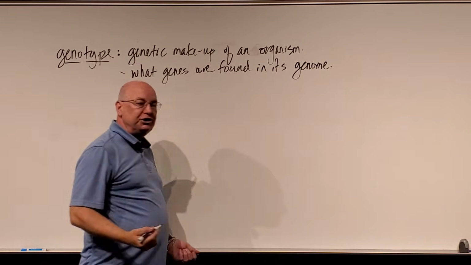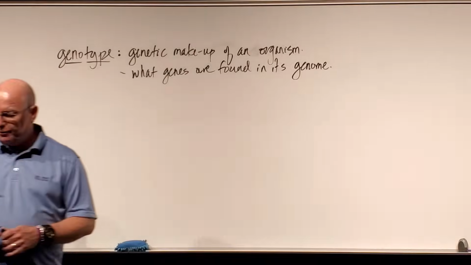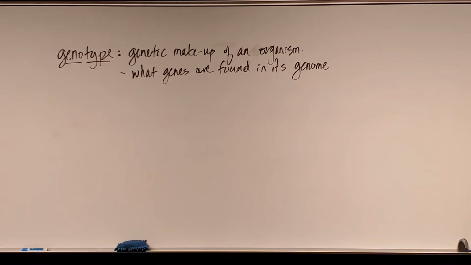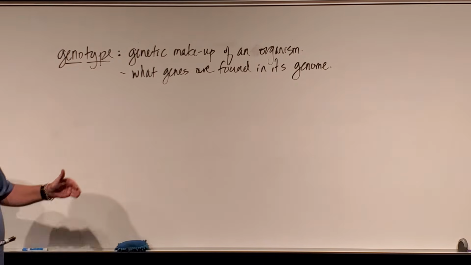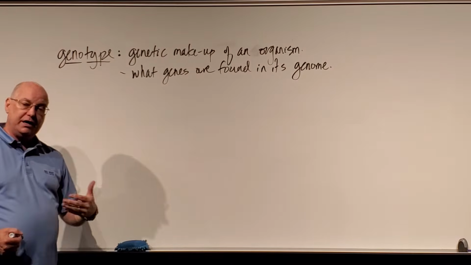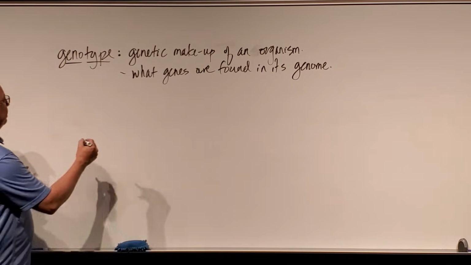We'll define what a genome is, but it's the entire genetic makeup of an organism, all the genetic information. But the genotype is what genes it contains in its DNA, or in its RNA if it has an RNA genome, like we're going to learn.